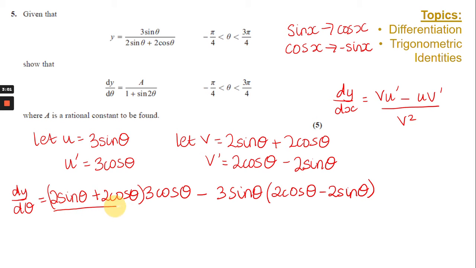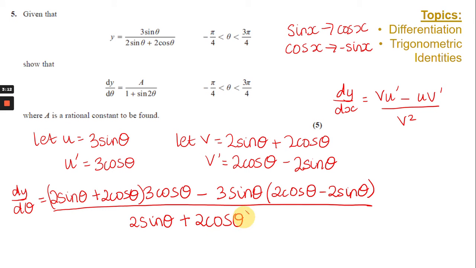And that is all over v, which is 2 sine theta plus 2 cos theta, all squared.